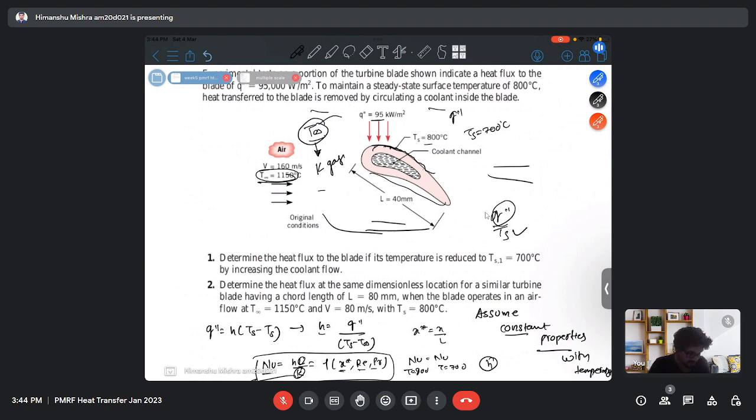Only in the vicinity of this surface might there be some negligible change in the thermal conductivity of a gas, and everywhere else there will be no change at all in the thermal conductivity of the gas or air, because we are changing only the surface temperature. That's it, not the whole temperature.